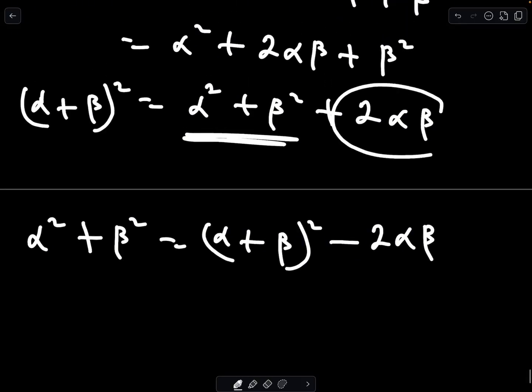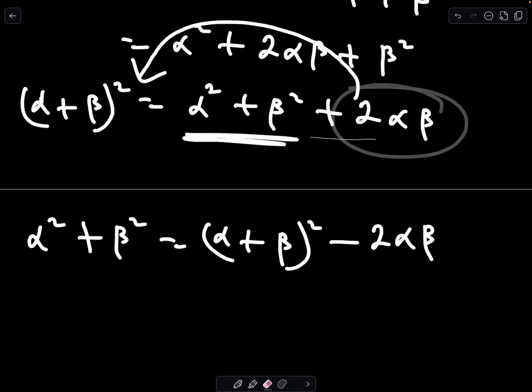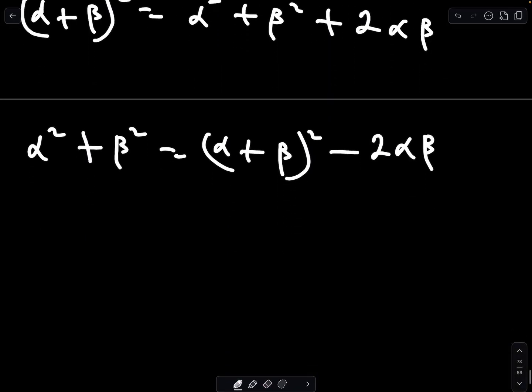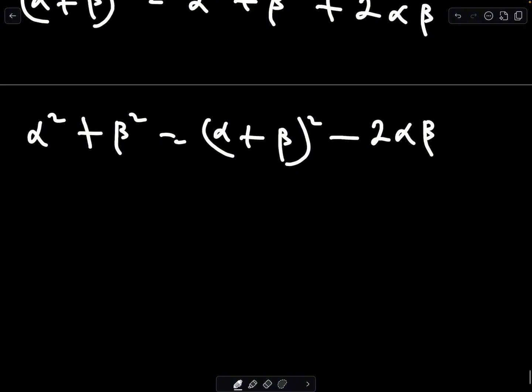That's simply bringing 2 alpha beta to the left hand side, and it becomes minus 2 alpha beta. And that's the identity for alpha square plus beta square.